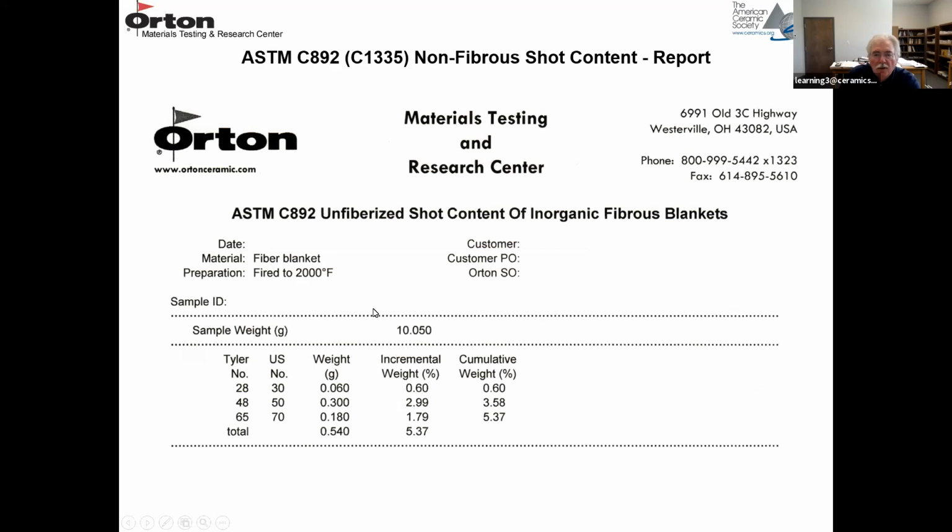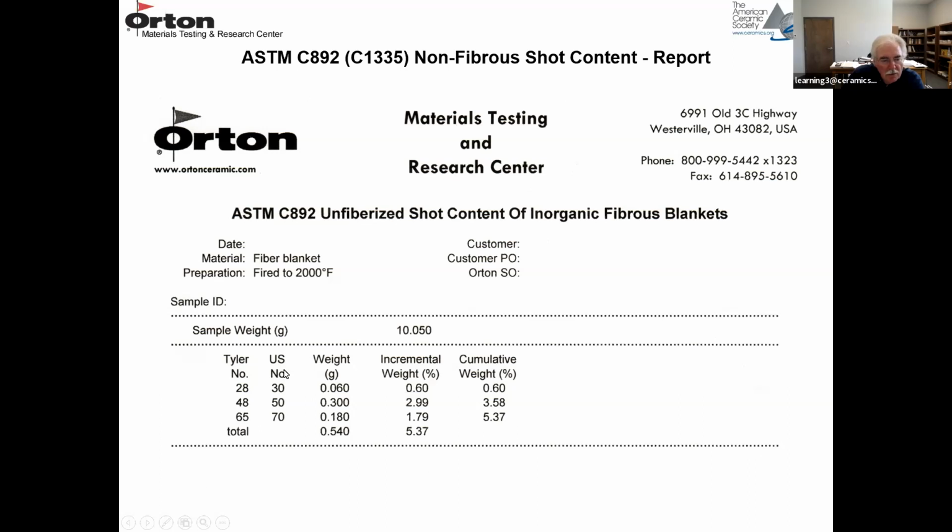So very simple report here. This one was actually a fiber blanket fired at 2000 F. And the weight of this one sample is a little more than 10 grams. And to blow these reports up, I usually cut off the other test results.